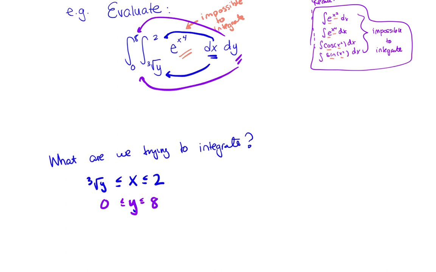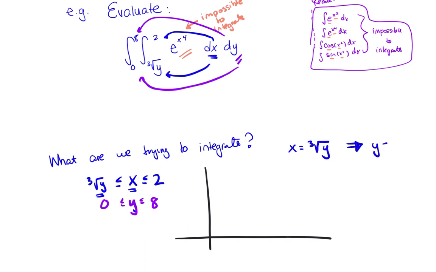So let's go ahead and sketch that domain of integration. The domains are just sketched in the xy plane, so we're not needing to sketch anything in 3D. I have x equals the cube root of y, which, cubing both sides, I can change into y equals x cubed, something like this.